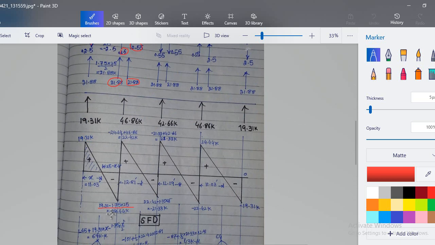Okay, so this will be a negative shear, and then we have a reaction that is 46. So 46 is a positive reaction, so it will try to go up, okay, this point to this point 22.42. You see the calculation. Okay, similarly again we have a UDL loading that tends to bring this point down here, and you have to subtract that UDL.